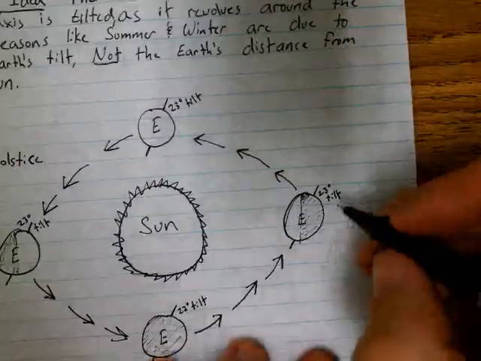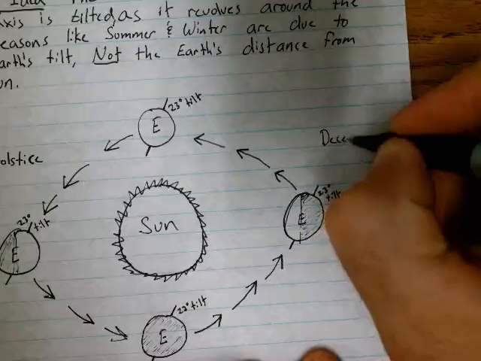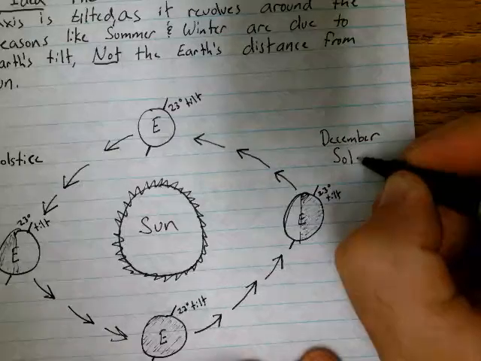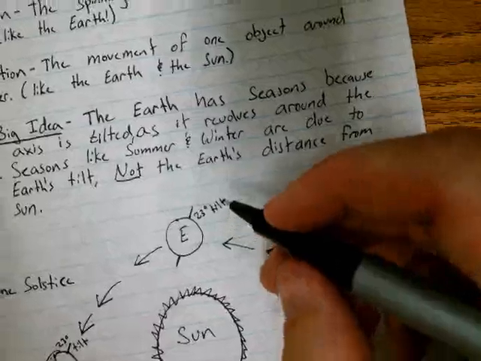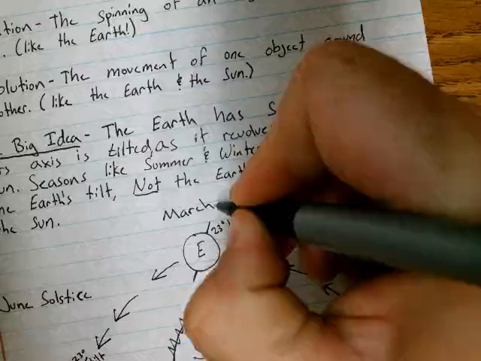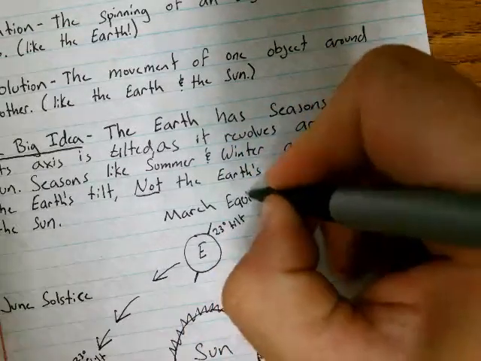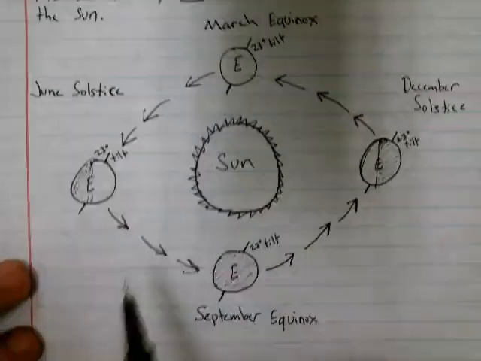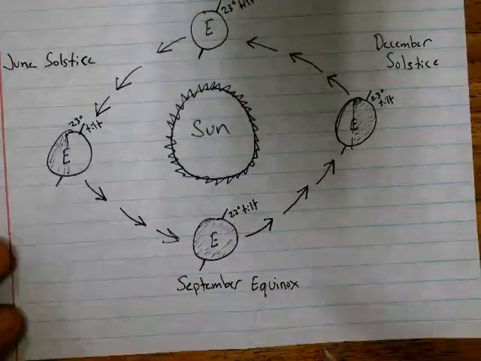This one right here is called December solstice. And this one up here is called the March equinox. June solstice, March equinox, December solstice, September equinox.